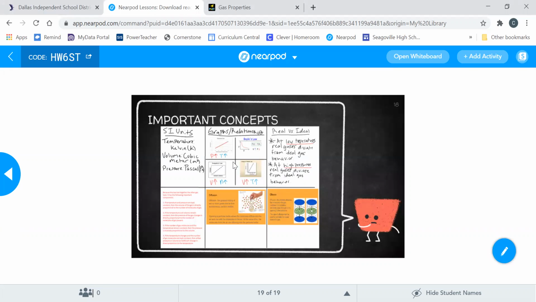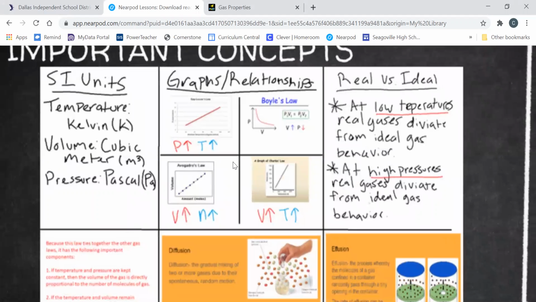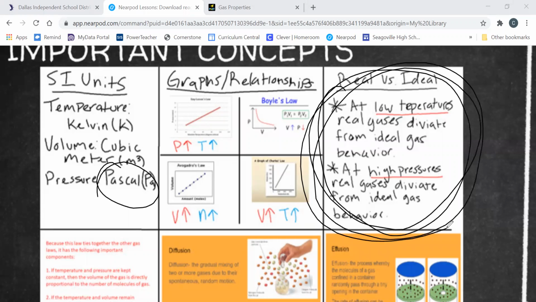Also know these SI units, know that pressure is in Pascal. Please know that. Know the graphs. Like I said, know the graphs. Know this very important information. At low temperatures, real gases deviate from ideal gas behavior.